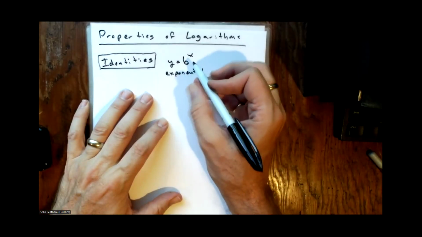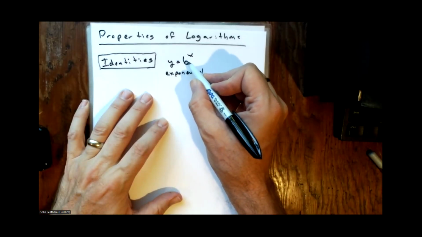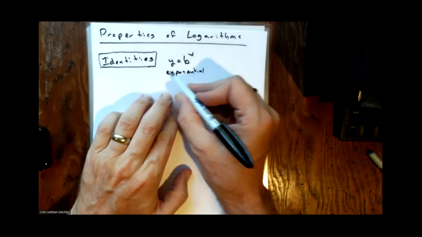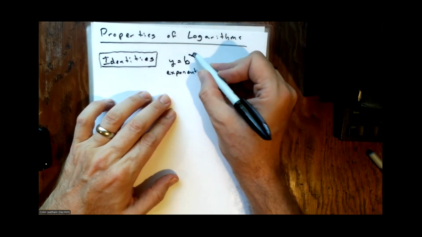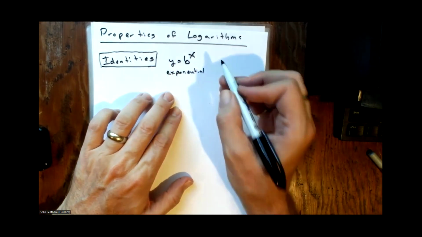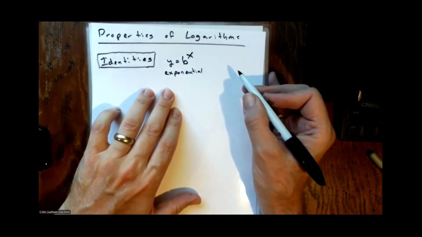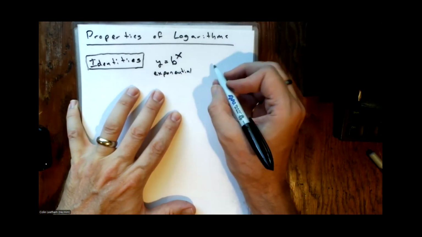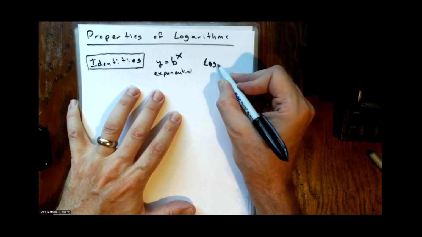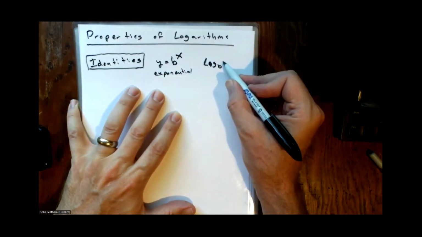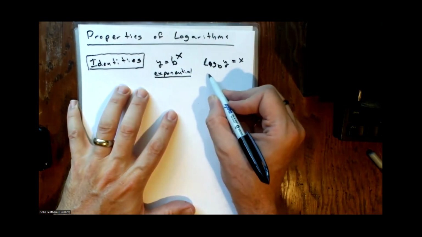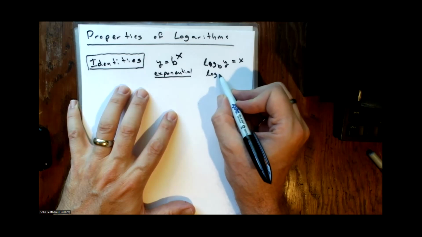Now, I usually say log base b of y is equal to x, because this basically says we're taking this base to a power, and that's going to be our answer. If we're looking instead for the exponent, we could say log base b of y is equal to x. So this is the exponential form, and this right here is what we call the logarithmic form.